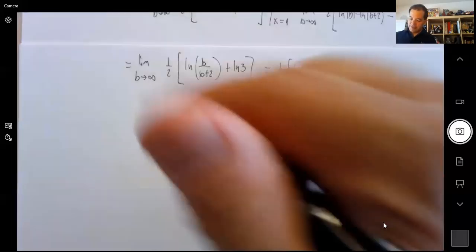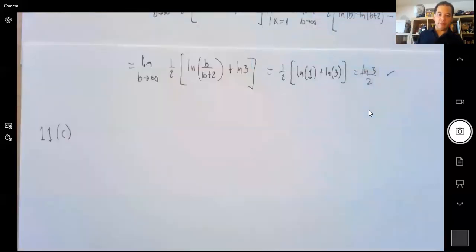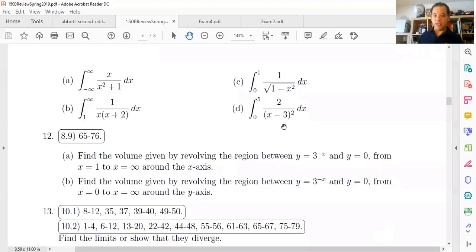Now let's do C. Take a look back at what it was. No, D. We wanted D. So the problem is in the middle. This is the integral from 0 to 5, 2 over x minus 3 squared.